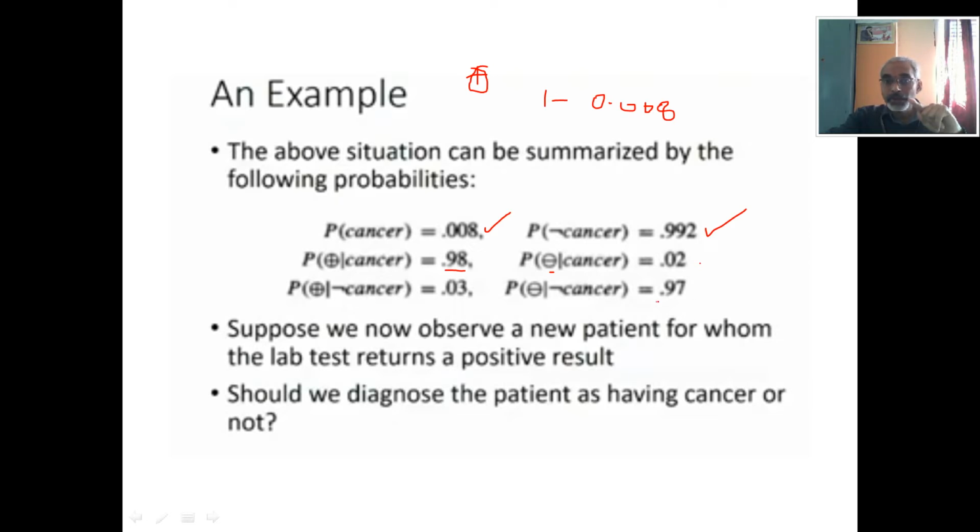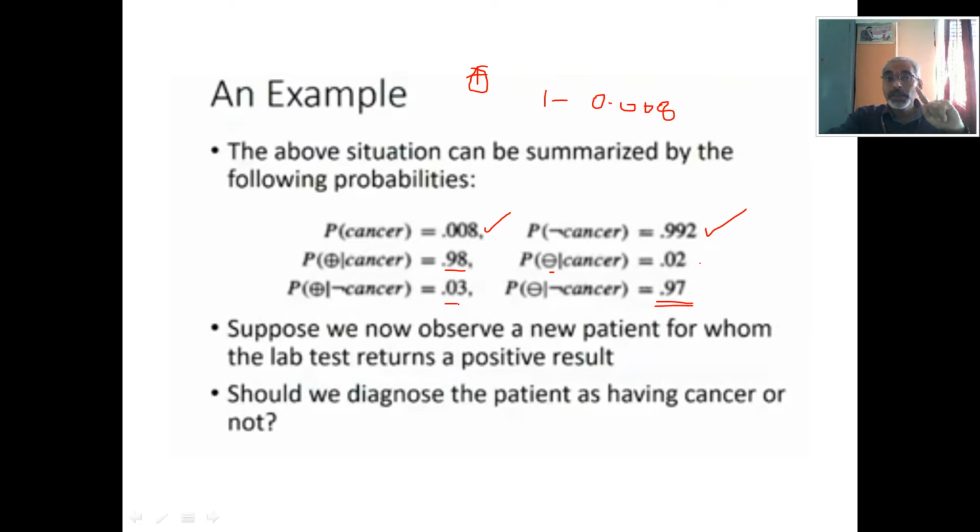Now similarly, the probability of positive when he is not having cancer. Right? Now this is given. See here, 0.97 is what? The probability of correct negative, not suffering from cancer, is 97%. So 97% the lab is telling that the patient is not having cancer, and in reality he does not have cancer.